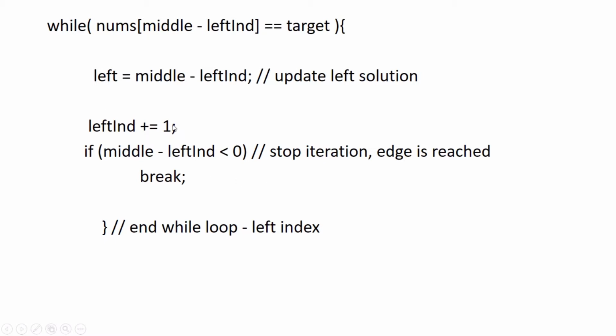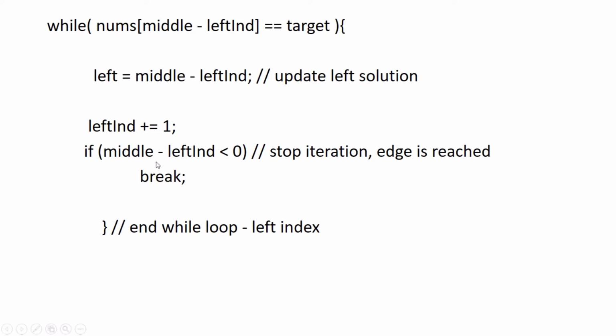Then we update this left index by 1. What are we trying to do? We want to go just one step behind the middle, to check whether we still have a repetition of that target before the middle.